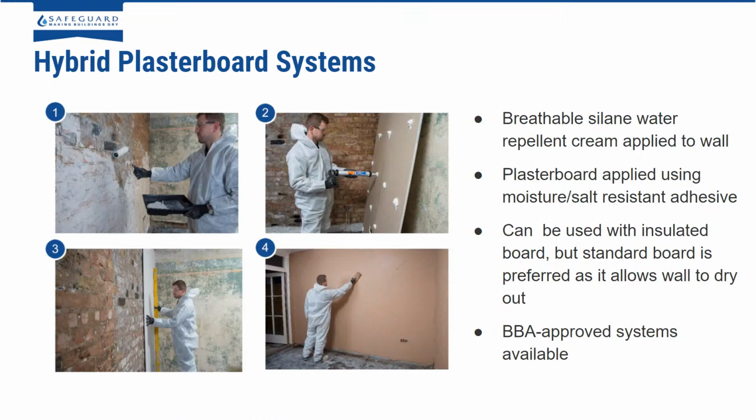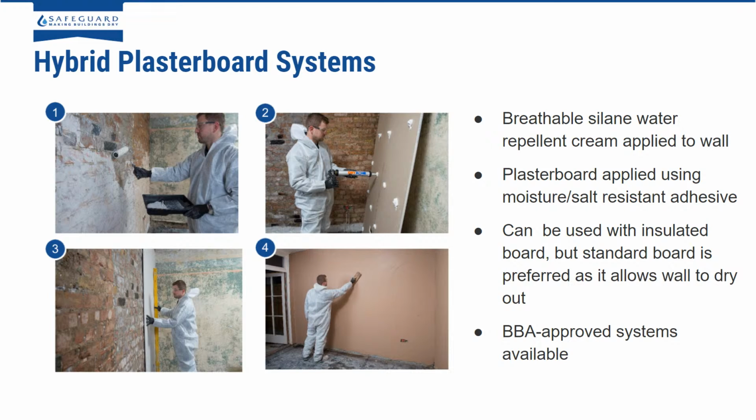Another system that can be used as a secondary protection is hybrid plasterboard systems. So this is using something such as the Express Replastering System by Safeguard, and this basically uses a breathable silane water repellent cream applied as a primer to the wall to waterproof it and prevent any interstitial condensation mold.